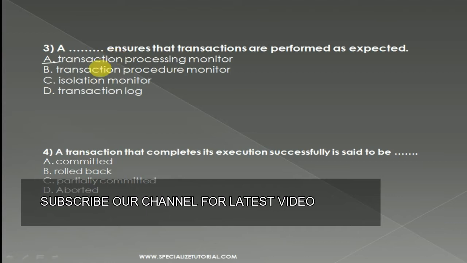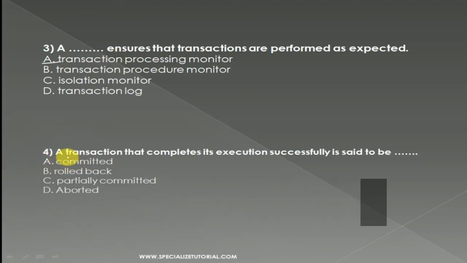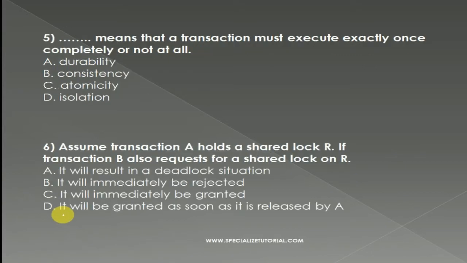Now take question number 4. A transaction that completes its execution successfully is said to be committed, rollback, partially committed, or aborted. So it is said to be committed. Now take question number 5.